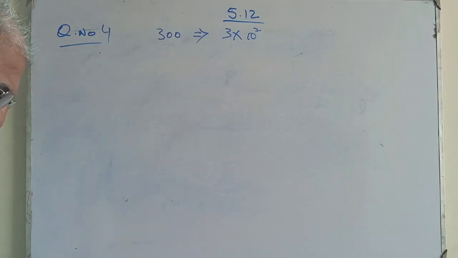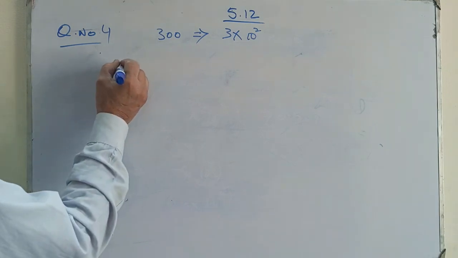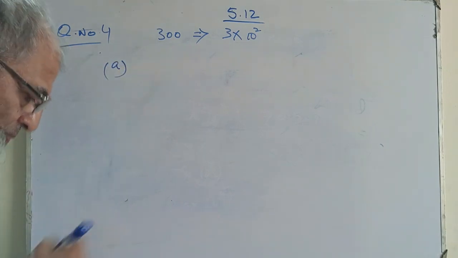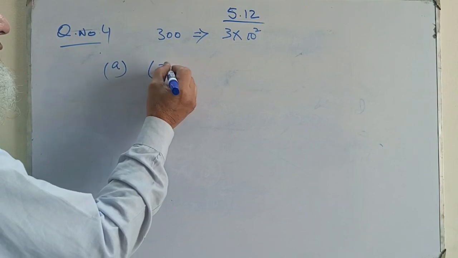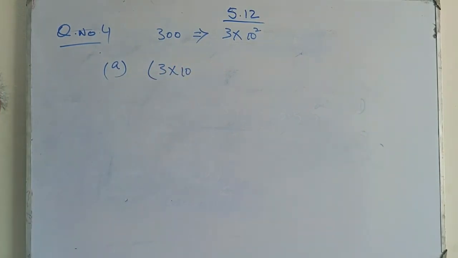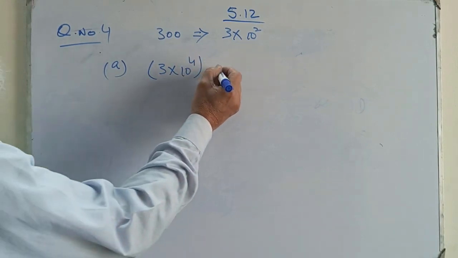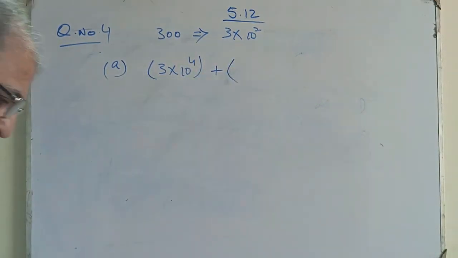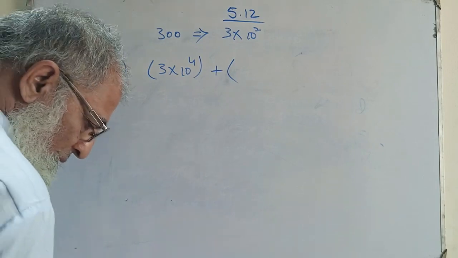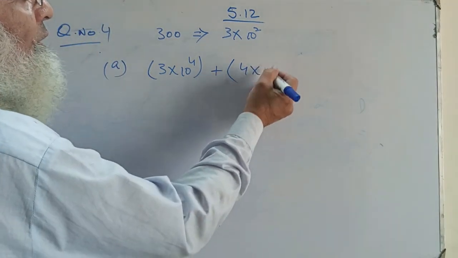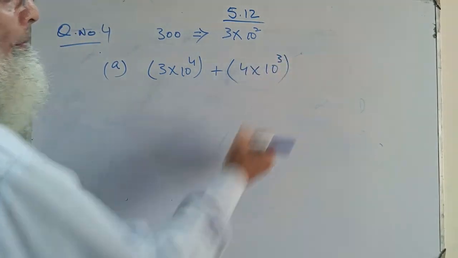There are only 3-4 questions in this, so let me attempt from number 1, that is 3 into 10 raised to power 4 plus 4 into 10 raised to power 3.